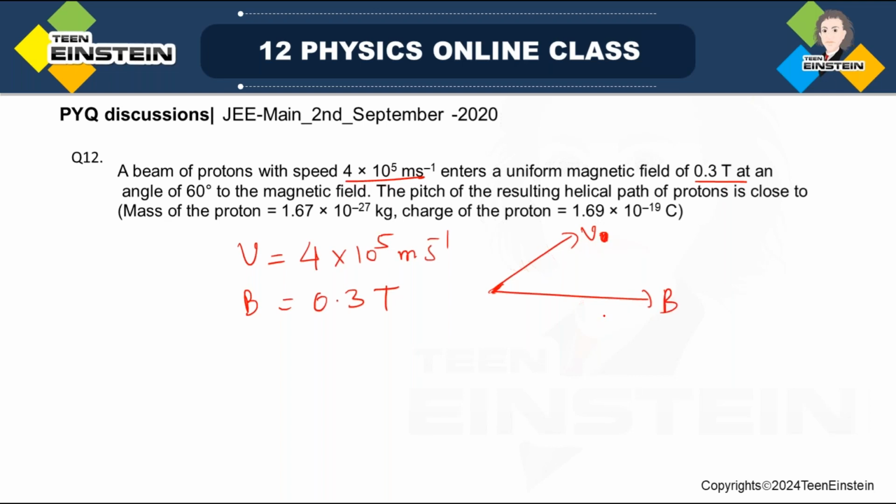So the velocity will have two components: if this angle is 60, then we have v cos 60 along the field, and v sin 60 perpendicular. So I will have two components of the velocity of this charged particle, the proton beam. Look here, this velocity v sin 60 is perpendicular to B.